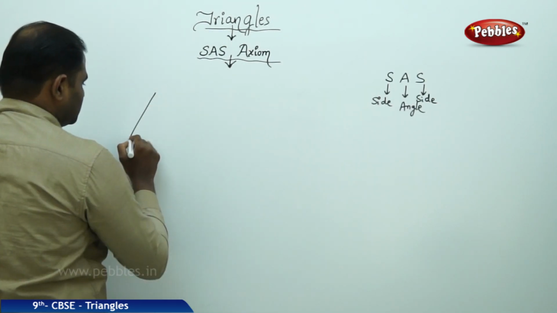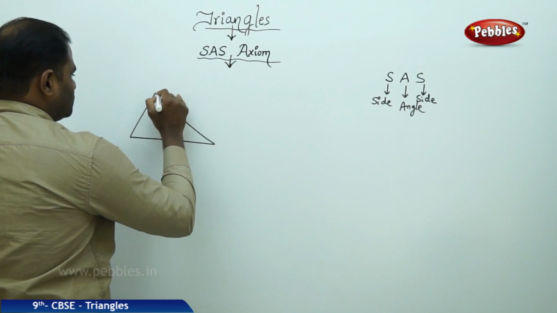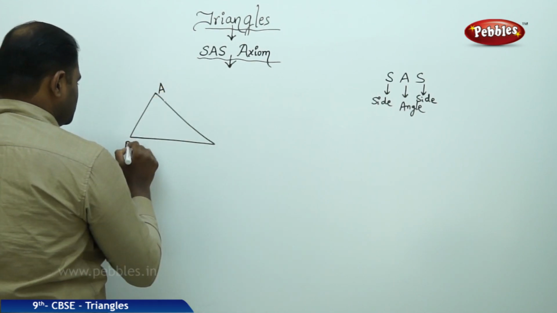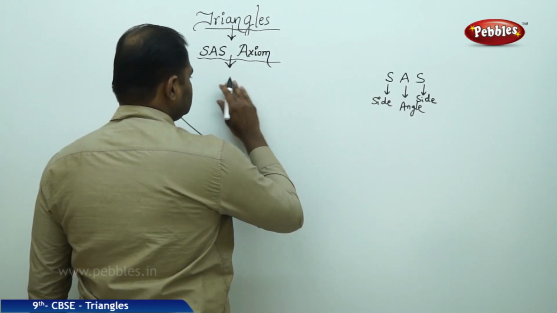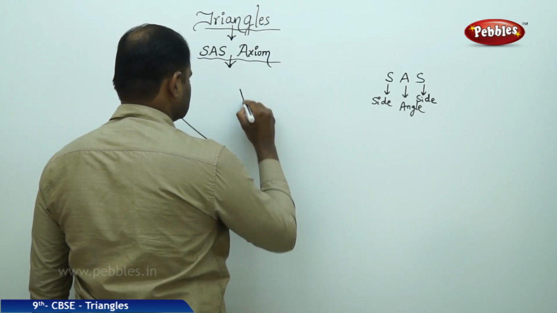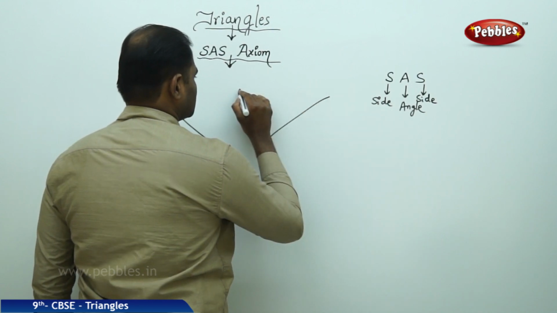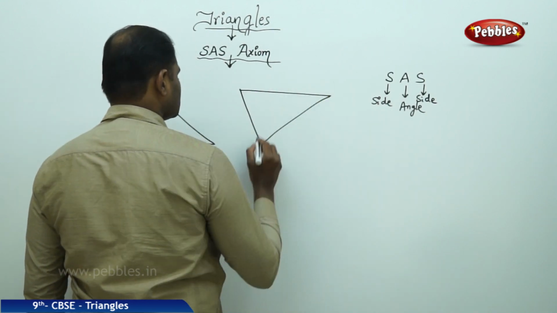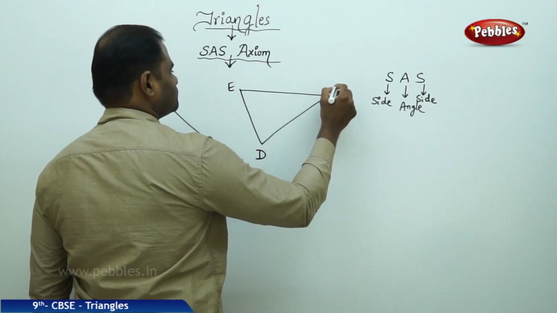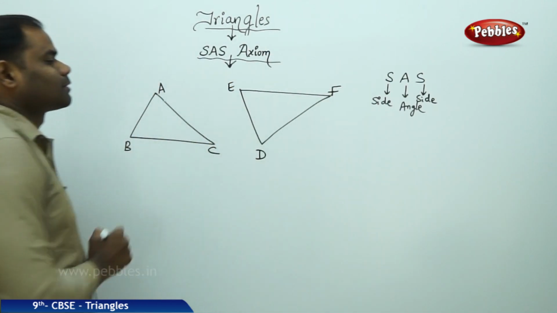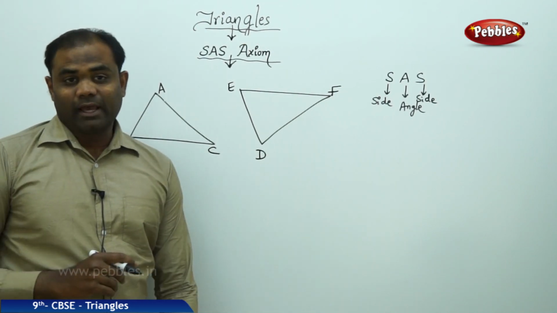Imagine I have a triangle ABC, and I have a triangle DEF.